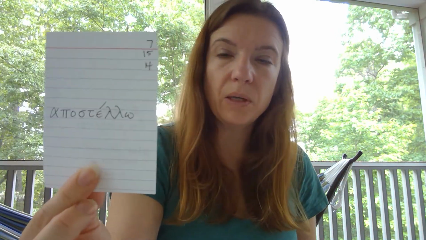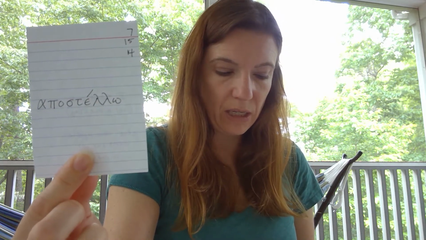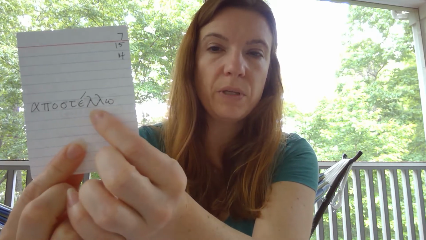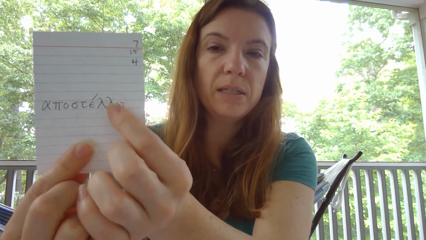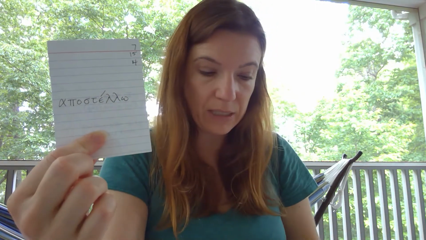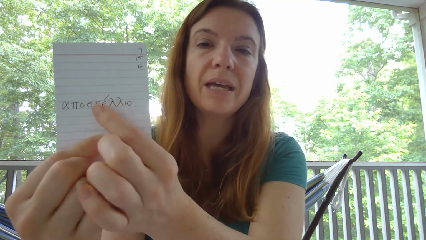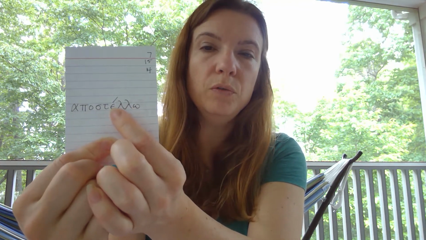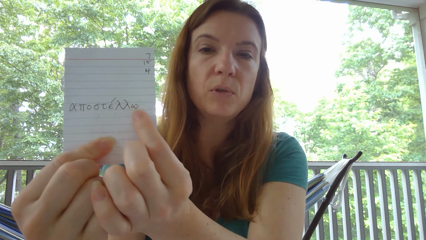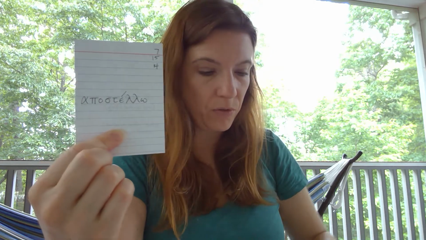All right. We had apostello. Now, the interesting thing with something that ends in a double consonant right before the ending is that one of those consonants gets dropped. So you're not going to see a sigma, but you're going to see that a consonant gets dropped, the accent moves from the penultimate syllable to the last syllable, and you get a circumflex over that omega.